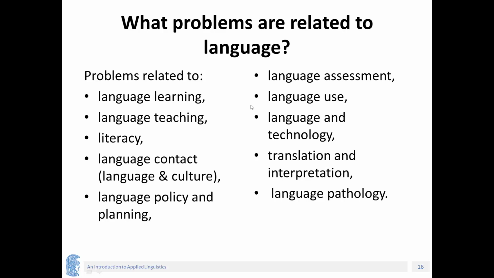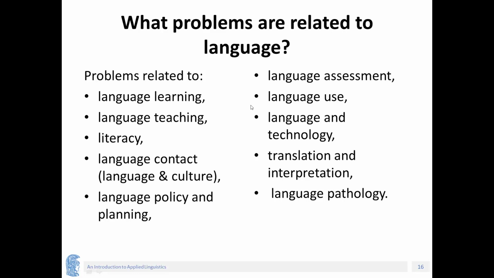Language learning. There are many problems when it comes to language learning. Language teaching. When the language is being taught to students, there are lots of problems. And literacy. You know what literacy is? The ability to use the language by learners.